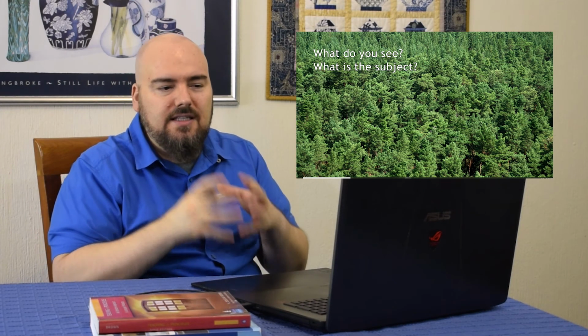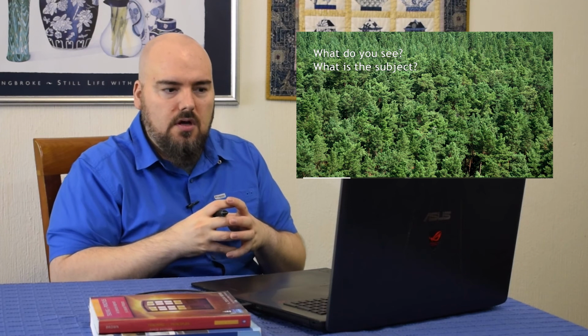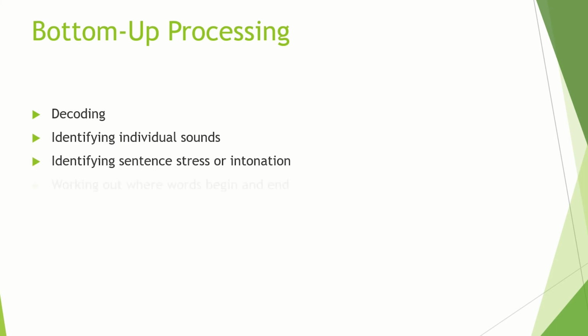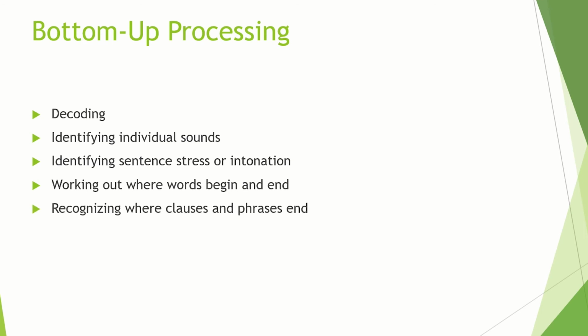Now, to get deeper into what this means, let's look at bottom-up processing. It's really decoding. It's identifying individual sounds, identifying sentence stress and intonation, working out where words start and words end, recognizing clauses and phrases, recognizing chunks of language.